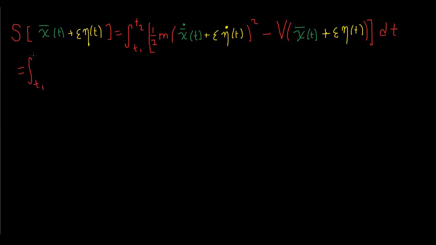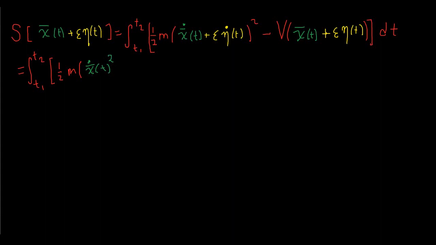This is all equal to the integral from t1 to t2 of 1/2 m. And now I have to expand out this squared. That's actually all I'm going to do in this step: just expand out my square.